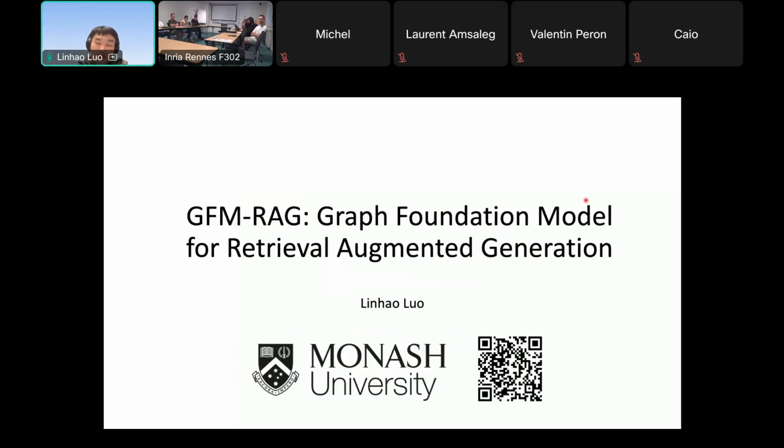In previous work, we conducted studies focusing on utilizing the knowledge graph to enhance the reasoning of LLMs.